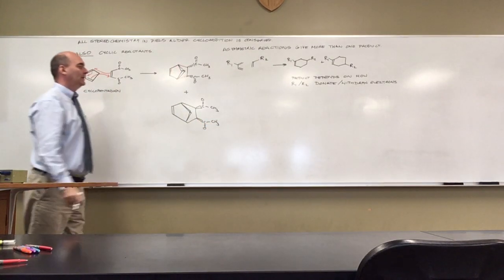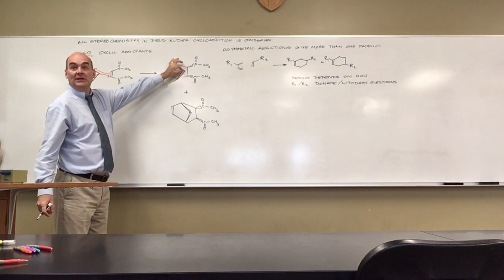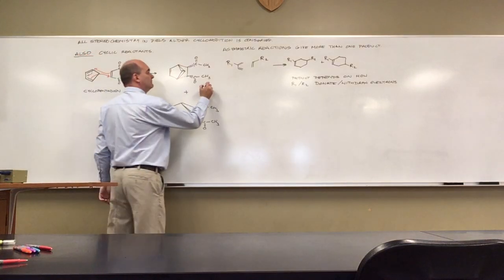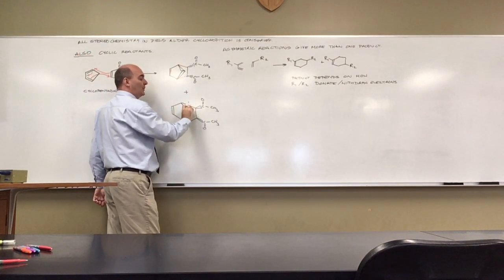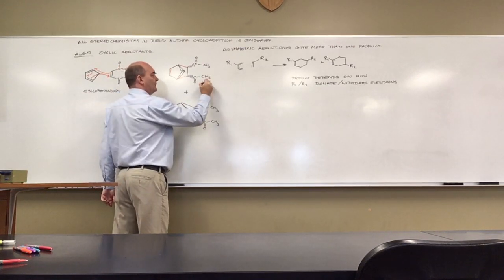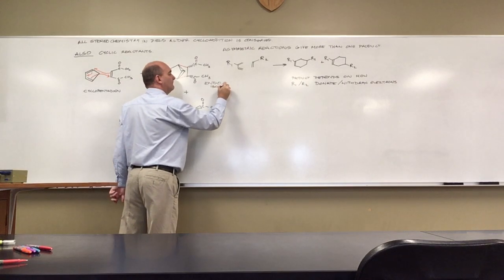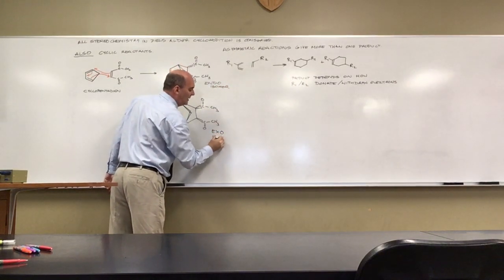There is the isomer where this part of the molecule is pointing towards you, and that part is pointing away. And then there is this one where this is pointing towards you, and that is also pointing towards you. So this is called the endo isomer, and this is called the exo isomer.